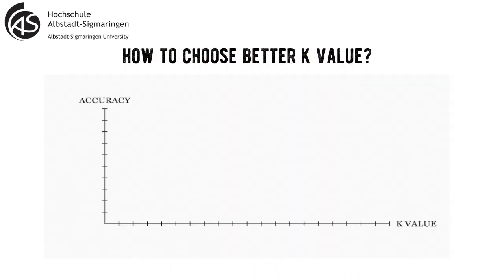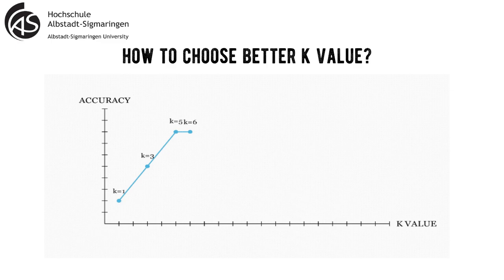So how do we choose the best value for K? One common approach is to test different values of K and measure how accurate the model becomes. On this graph, the horizontal axis represents different values of K, while the vertical axis shows the model's accuracy. As we increase K from 1, the accuracy initially improves. This happens because the model starts considering more neighbors, making its predictions more stable and less sensitive to noise.